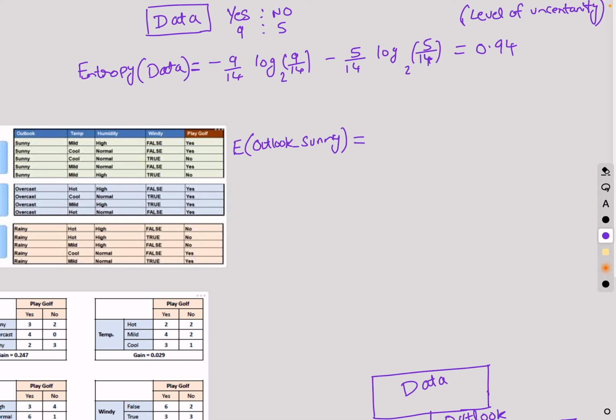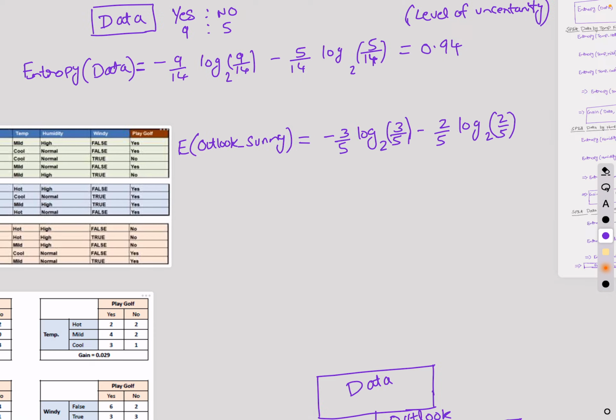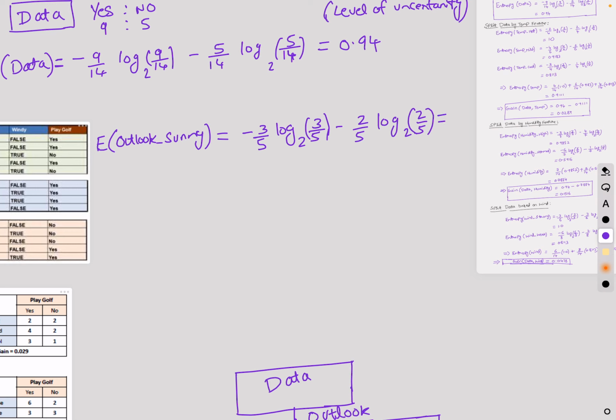The entropy at this level will be minus 3 by 5 into log 3 by 5 to the base 2, minus 2 by 5 into log 2 by 5 to the base 2.